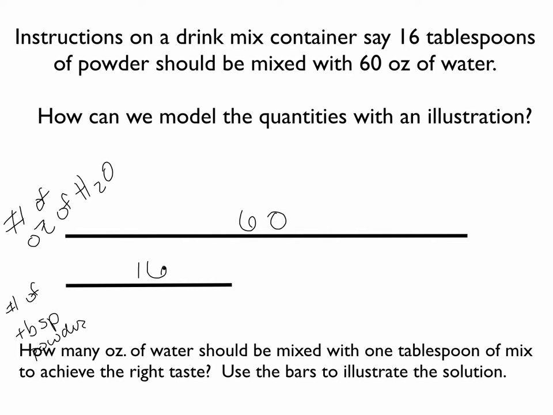I would break it down: 16 divided by 16 gives you 1, and then 60 divided by 16 is going to give you the number of ounces of water for that 1 tablespoon of powder. So 1/16 of 60. Okay. How could we visualize that using the bars?